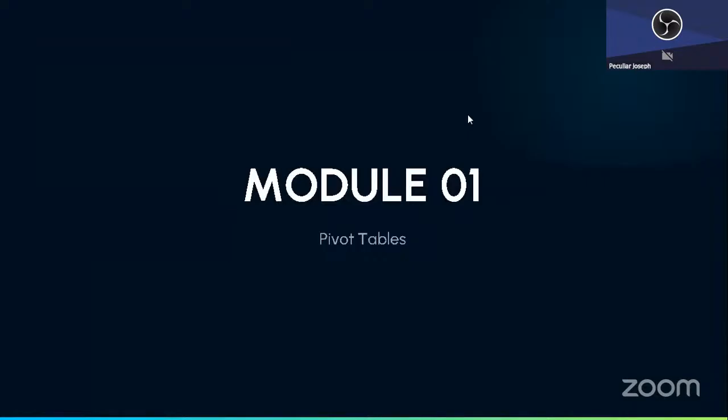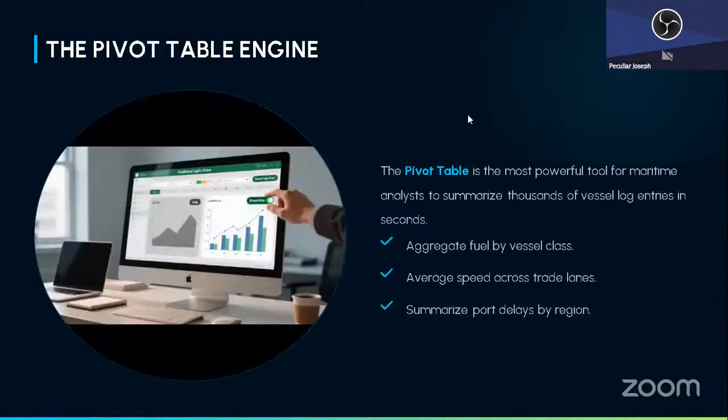So let's start with what a pivot table is, right? A pivot table is basically a tool in Excel that we use to summarize our data. So we use it for aggregating our data. Say for instance, we want to find out which ship types carry the most cargo, which ship types have the most tonnage of cargo.